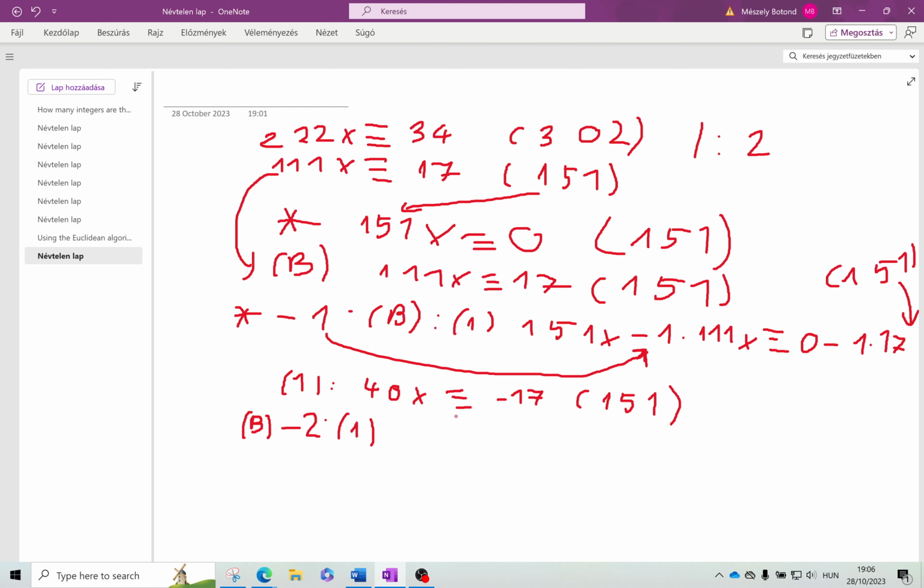So 2 times the number 1 equation, and we will call it 2.